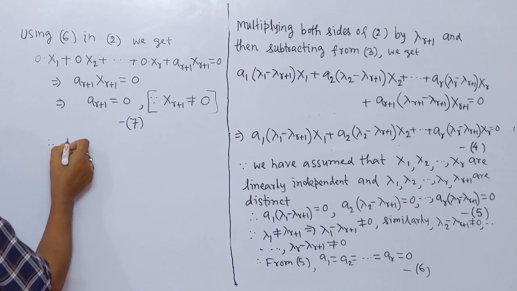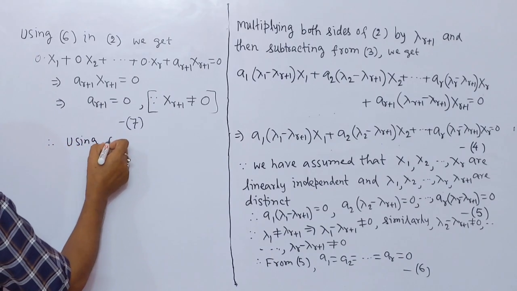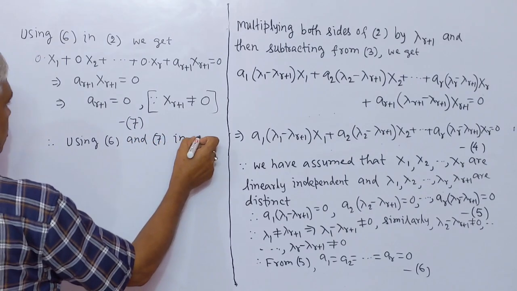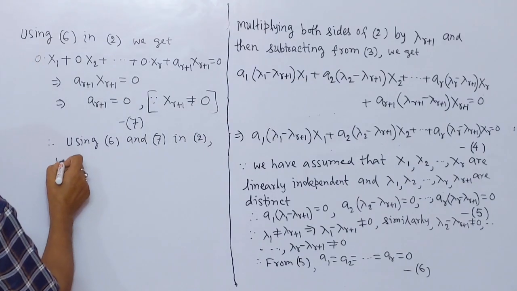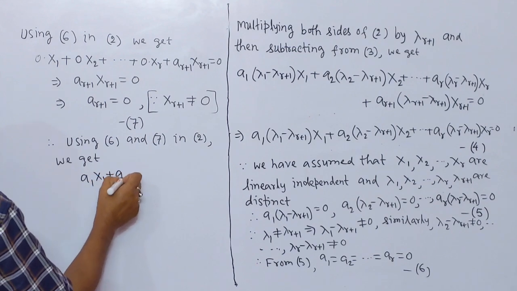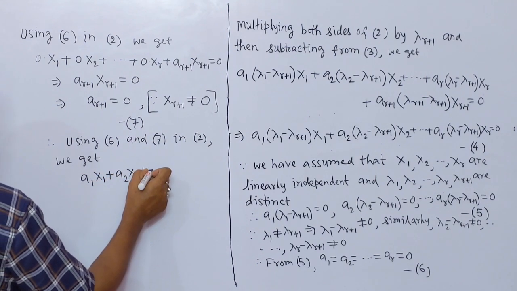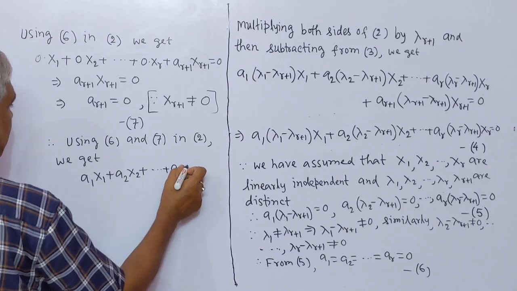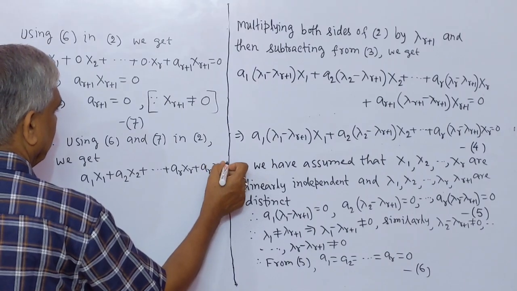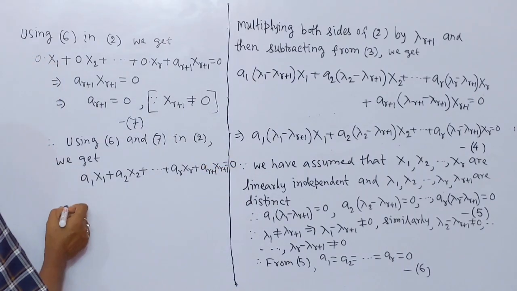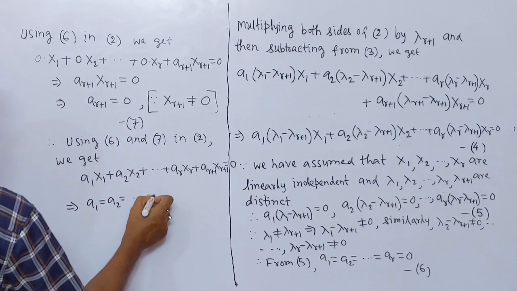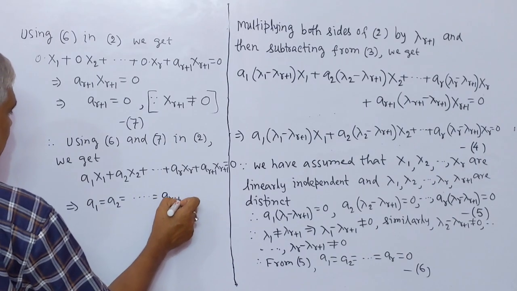Therefore, using 6 and 7 in 2, we get a1 x1 + a2 x2 + ... + ar xr + a(r+1) x(r+1) = 0, which implies that a1 = a2 = ... = a(r+1) = 0.